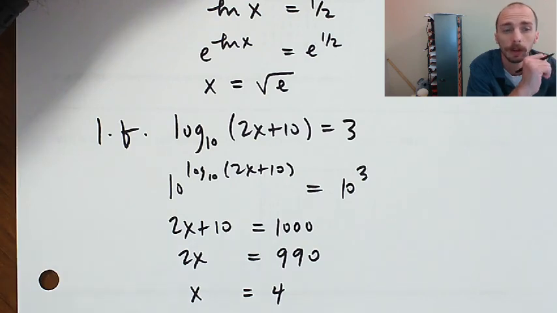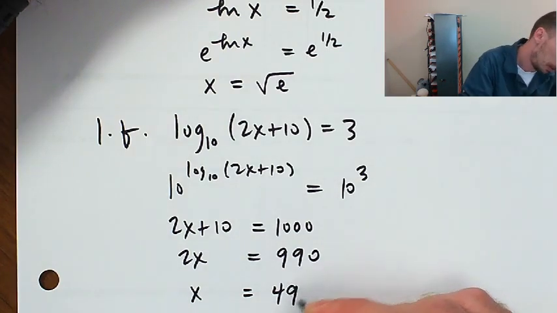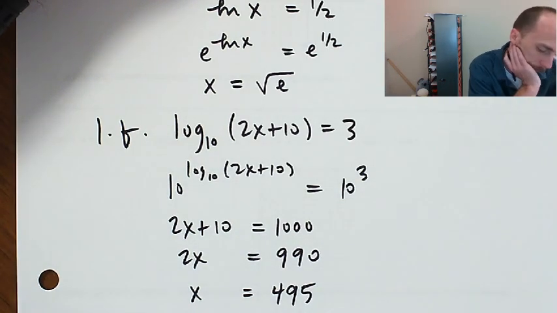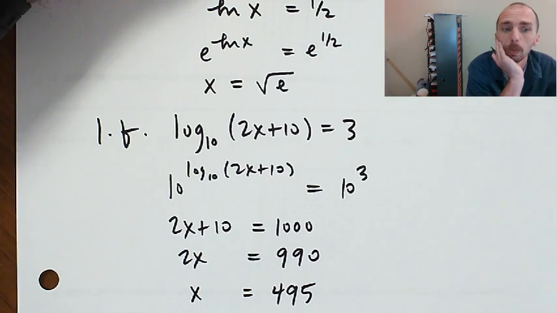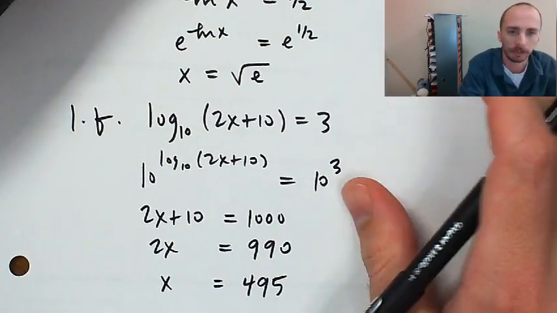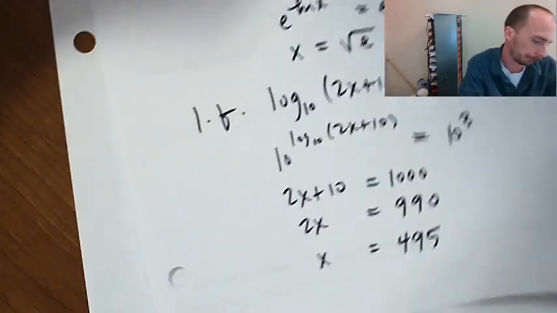It's going to be really close to 500. It's not 490, it would be 495. Think about that. Yeah, that's true. Because half of 900 is 450, and half of 90 is 45. That's why. X is 495.